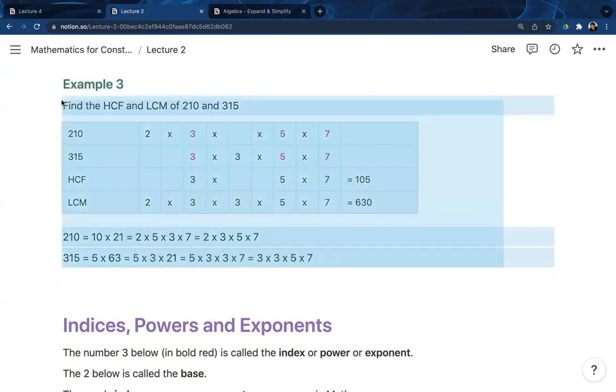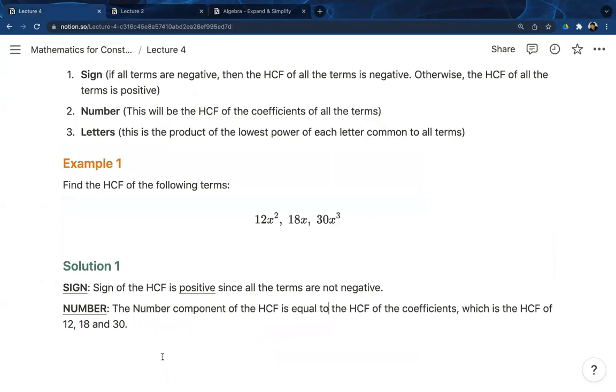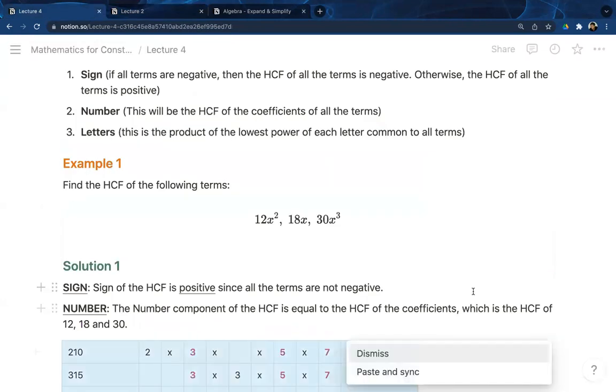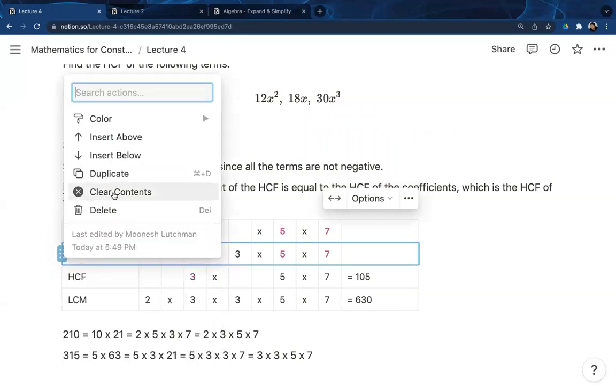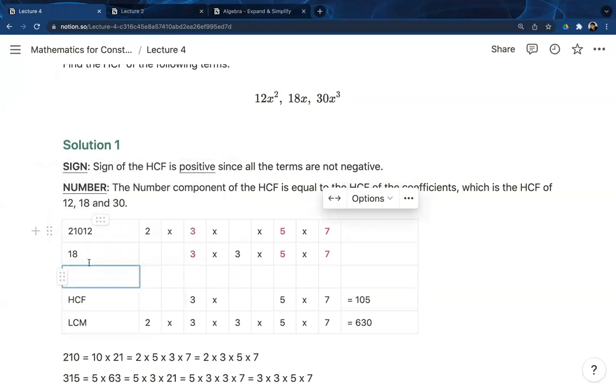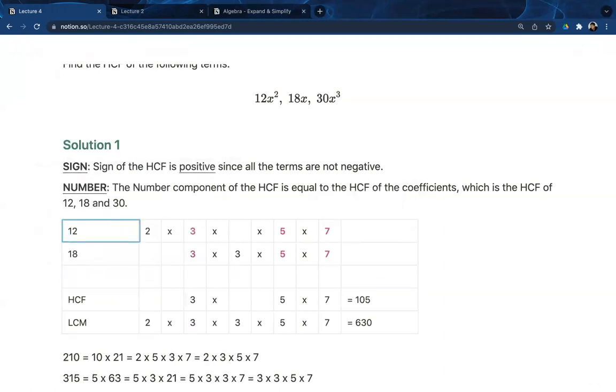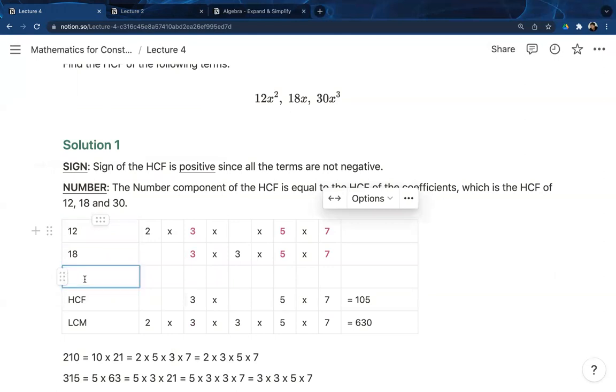So let me copy this, put it here, and change up my numbers: 12, 18, and 30.